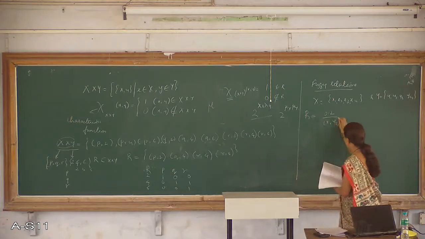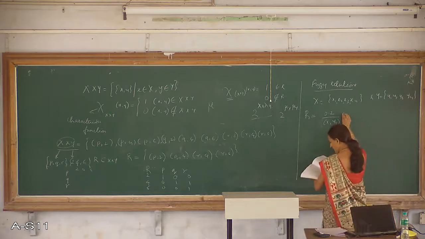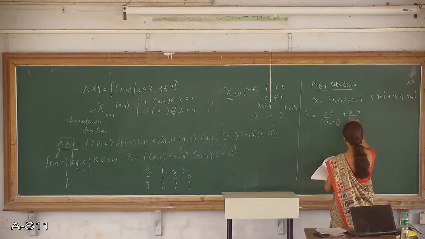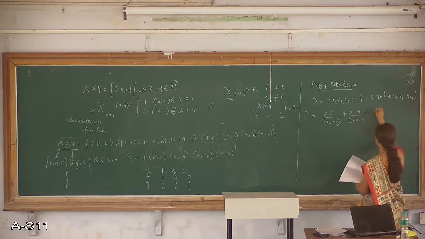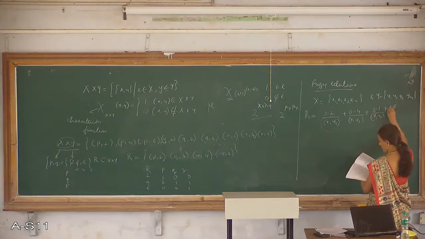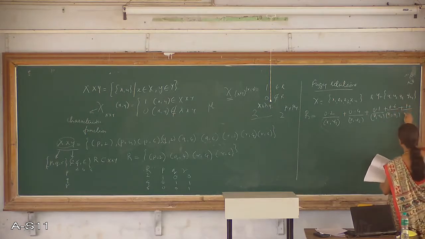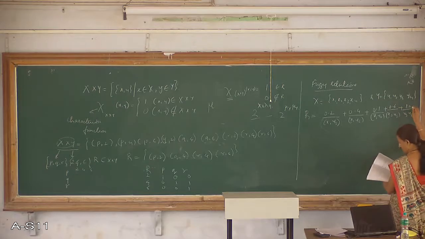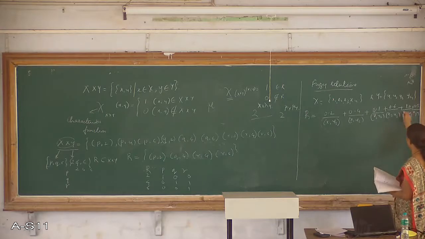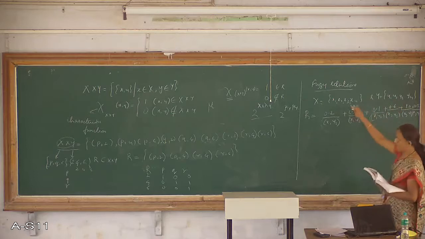So the containment of x1 and y3 is 0.2, the probability of appearance. Then we have 0.4 divided by x1, y2, 0.1 divided by x2, y2, plus 0.6 divided by x2, y3, plus 1 divided by x3, y3, plus 0.5 divided by x3, y1. This is nothing but the probability of appearance of the pairs of x and y.